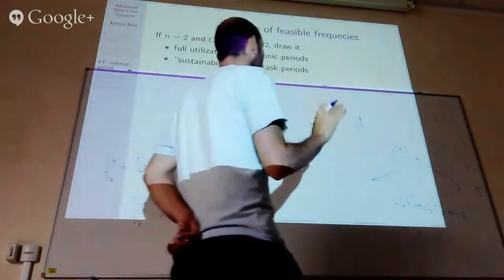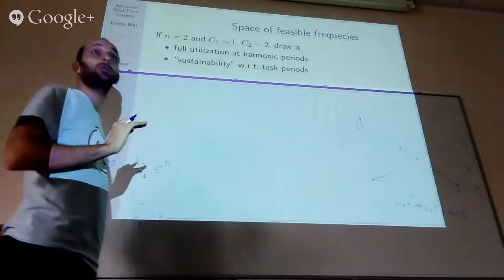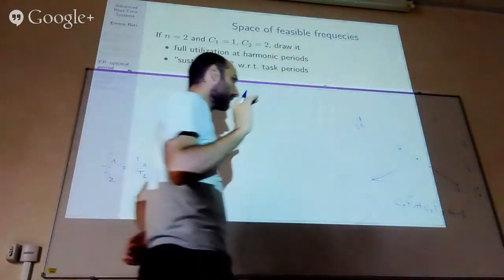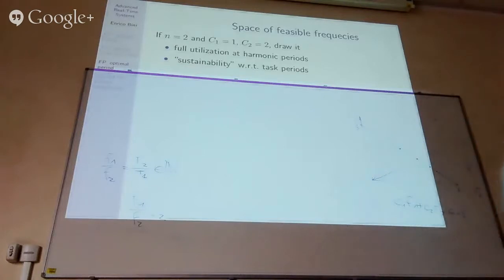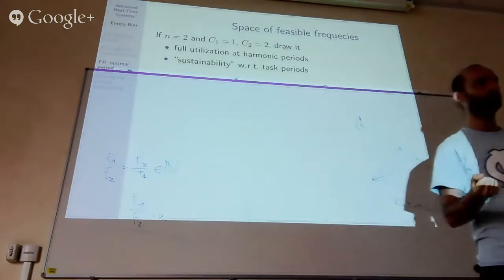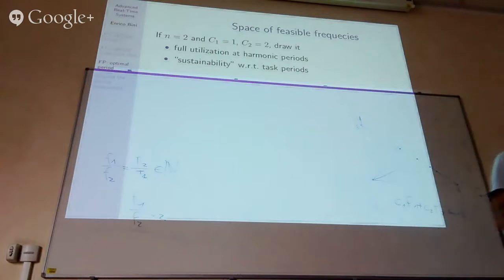Now we invoke another notion, the notion of sustainability with respect to periods. What does it mean? It means that by increasing periods, we always keep schedulability. In task frequency, it means that by reducing any task frequency, we always keep schedulability.